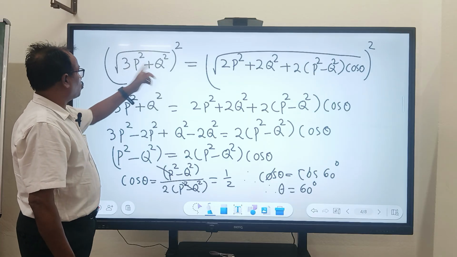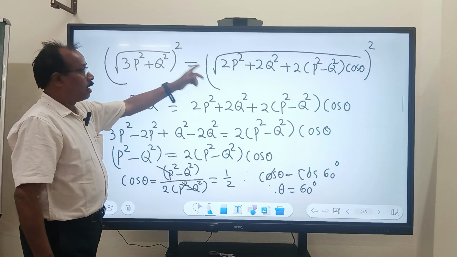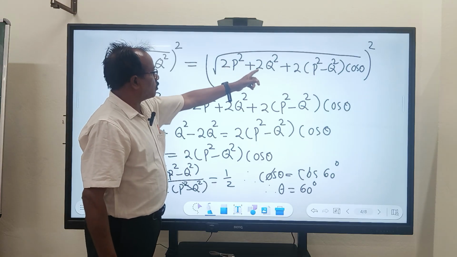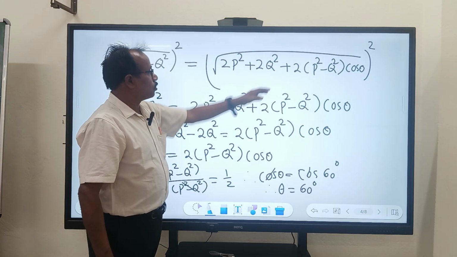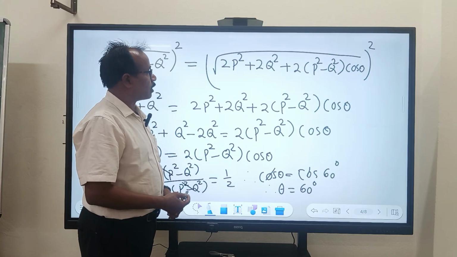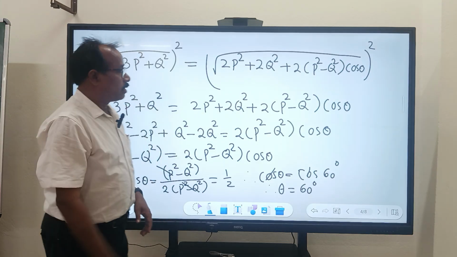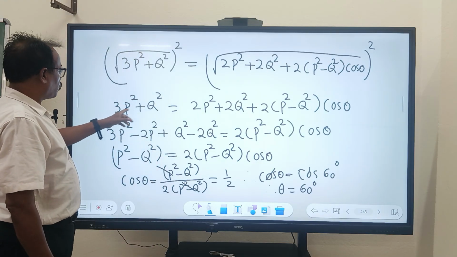root over 3P square plus Q square, whole square, is equal to root over 2P square plus 2Q square plus 2 into P square minus Q square cos theta, whole square.